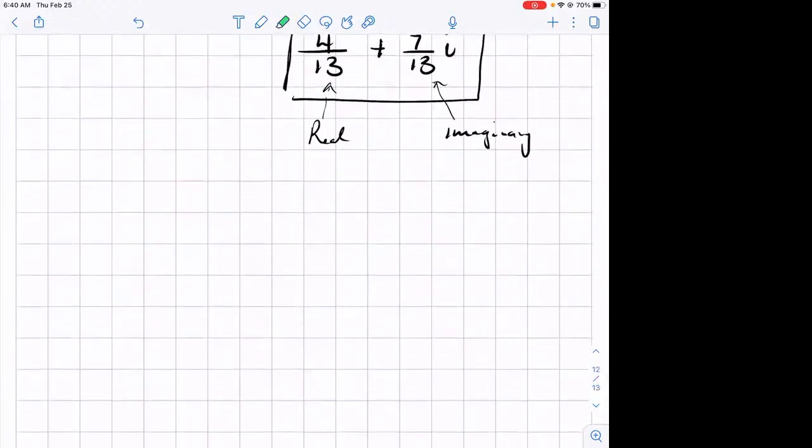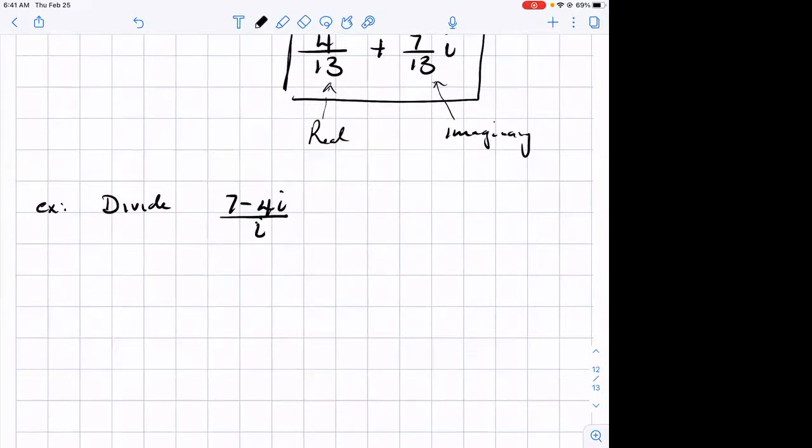If you look at this example, and I said to divide 7 minus 4i over i, no matter what you do, you cannot separate the real from the imaginary. So we have to multiply here by the conjugate.